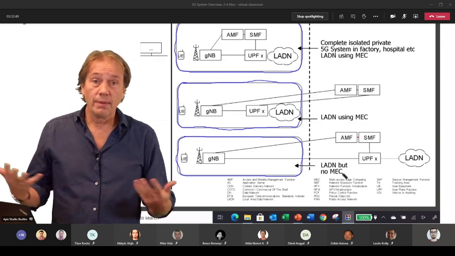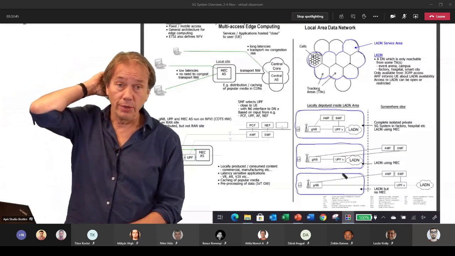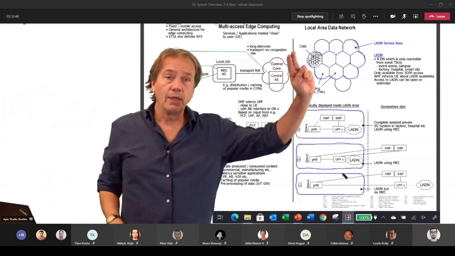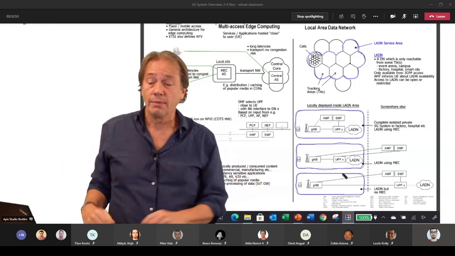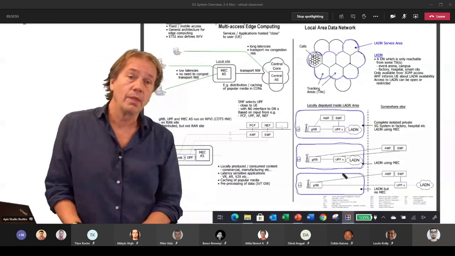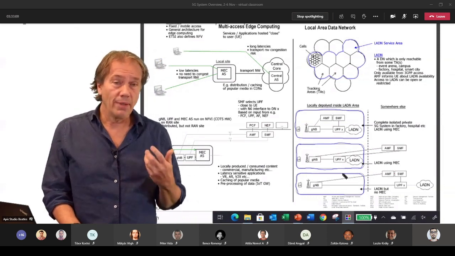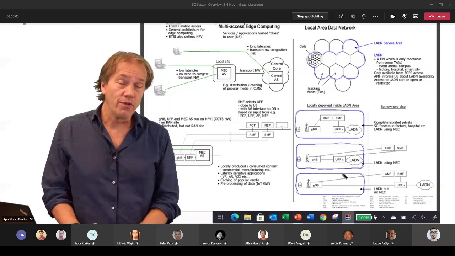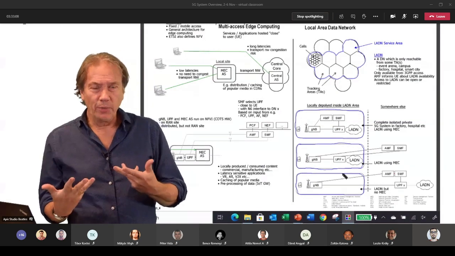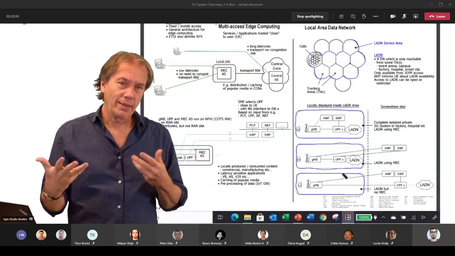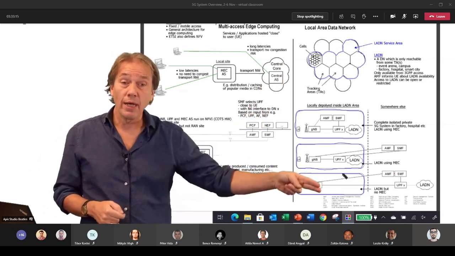All right. How good or bad is the idea of local area data networks? Once again, we don't know, or at least I don't know. Maybe in a couple of years, we will say that the big benefit of 5G was not new radio, it was not about virtualization. The killer thing in 5G was the local area data networks.